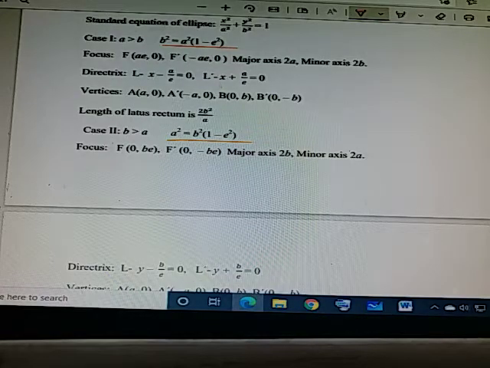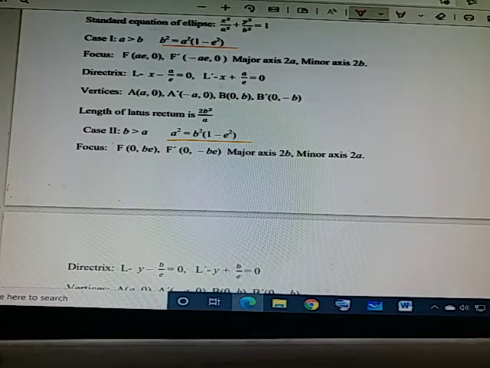And after finding e, you find this ae, this is focus and lying along major axis, and these are vertices, and these are directrix. So x minus a by e is equal to 0, x plus a by e equals to 0.